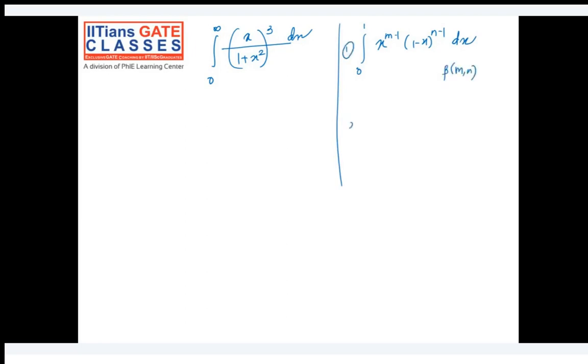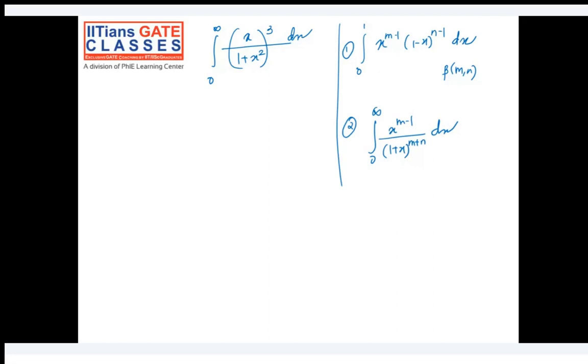Second type, integration 0 to infinity x raised to power m minus 1 divided by (1 plus x) raised to the power m plus n dx. In this also it is not fitting. So we can see that if you do some substitution, we can fit it into the third type.